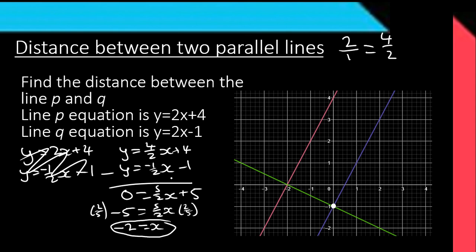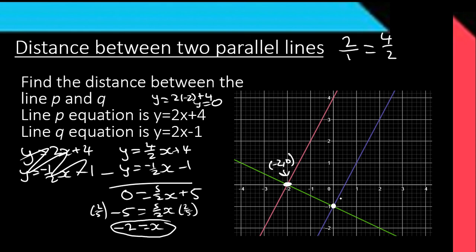Now that I know what the x is, I can just substitute that in to find out what y is. So y equals 2 times negative 2 plus 4. So 2 times negative 2 is negative 4 plus 4, y equals 0. And that is the second point I need to work out. So when x is negative 2, y is 0, which you can clearly see it is, but we had to prove it if we didn't have a graph.